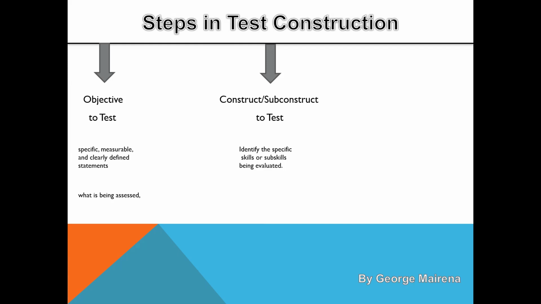That is the construct, like skills. And the subconstruct refers to the specific aspect or sub skills like pronunciation, punctuation, coherence, fluency, organization, etc. Right?